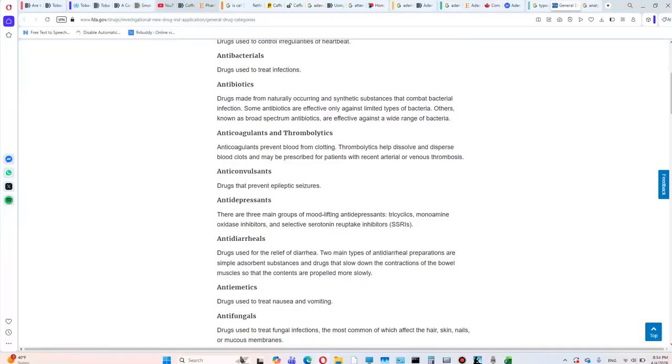Antidepressants. There are three main groups of mood-lifting antidepressants: tricyclics, monoamine oxidase inhibitors, and selective serotonin reuptake inhibitors, SSRIs.